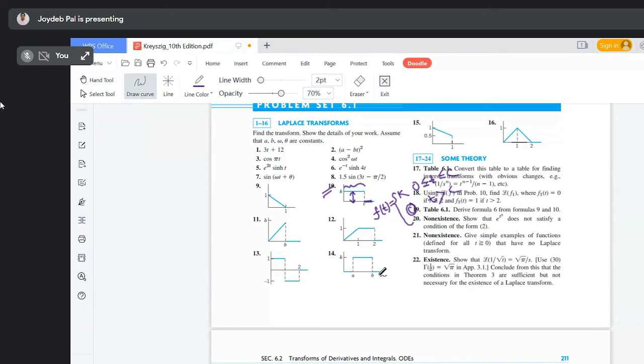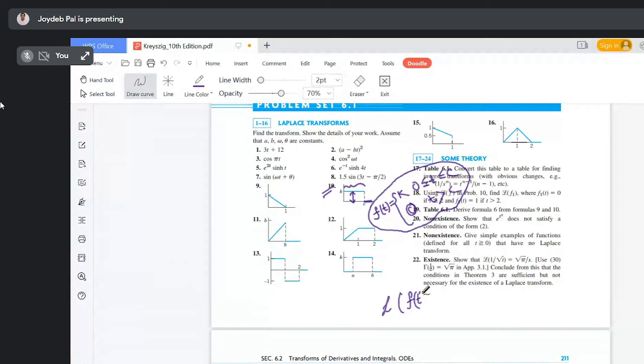Okay. So for that function, you find the Laplace transform of it. तो ये करके मुझे नेक्स्ट क्लास में बताना कि इसका Laplace transform क्या होगा. What will be the Laplace transform of ft?